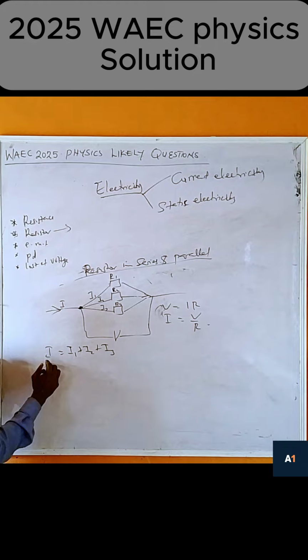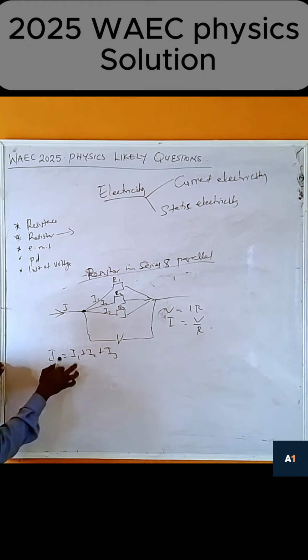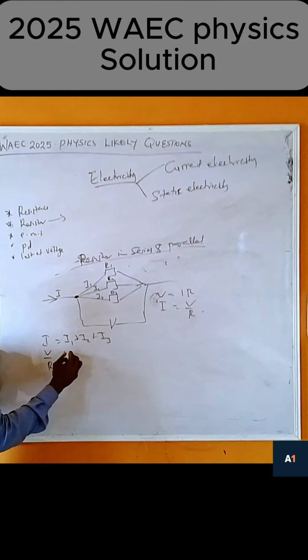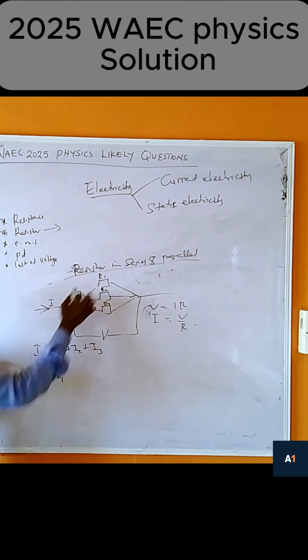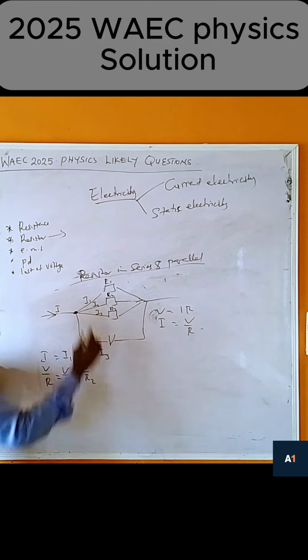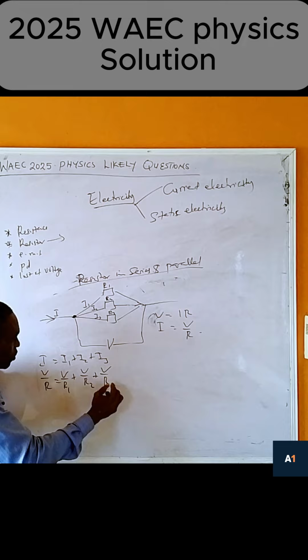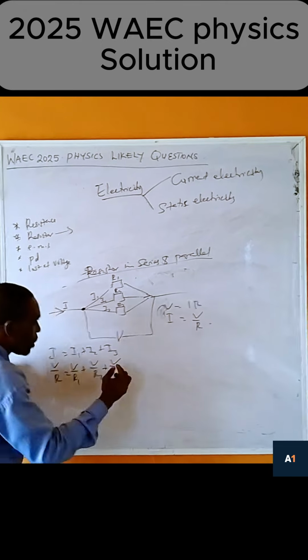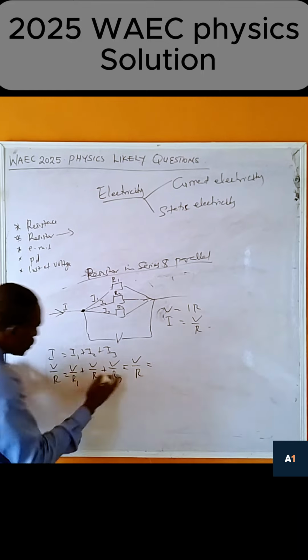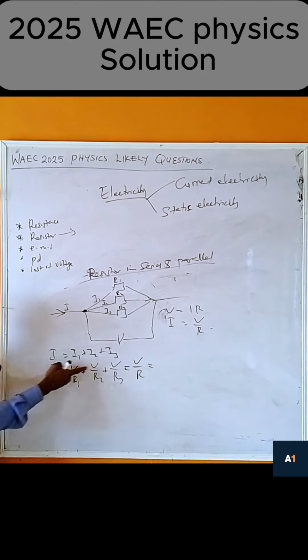It will be V over R equal to, because we have the same voltage, V over R1 for this R1 here, plus V over R2 here, then plus V over R3 here. So now we can say V over R equals, then what is common here? We know V here, V here, V here, V is common.